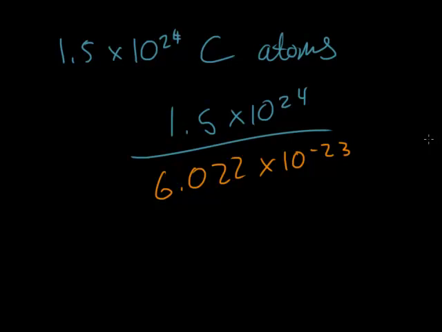Okay, so 1.5 times 10 to the power of 24 divided by 6.022 times 10 to the power of 23. And that gives us 2.49, to 3 significant figures.